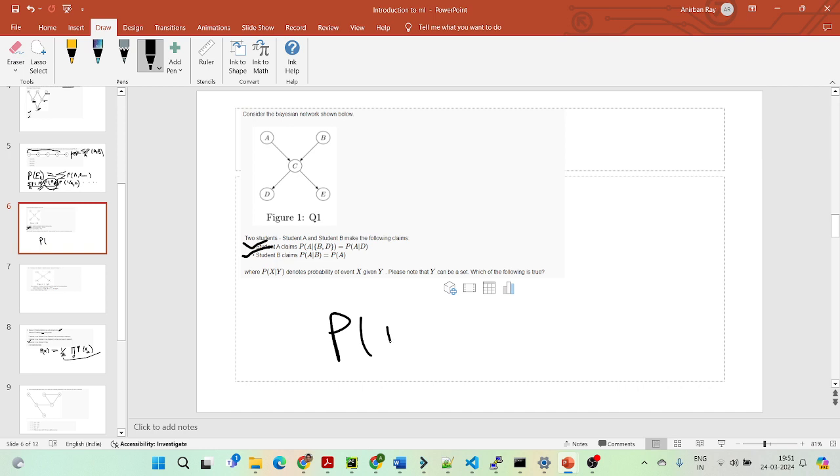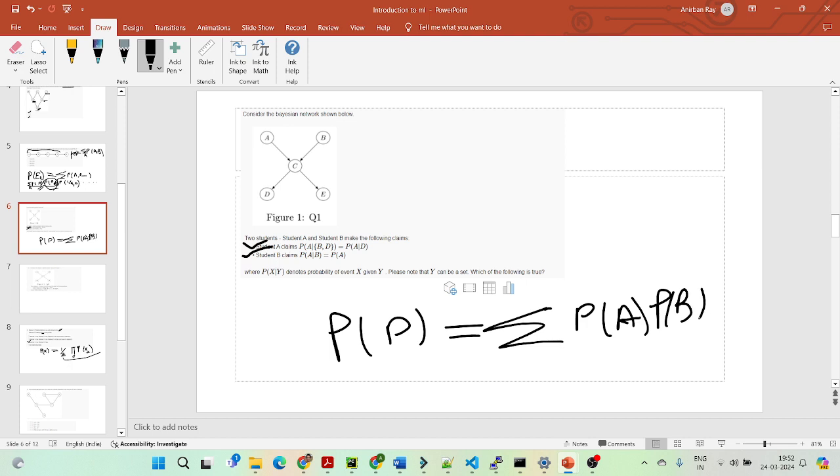Probability of D, what will it be? Marginalization, that is summation over C. To write it from A, probability of A, and then what I'm trying to do is C given A comma B. E is not needed.